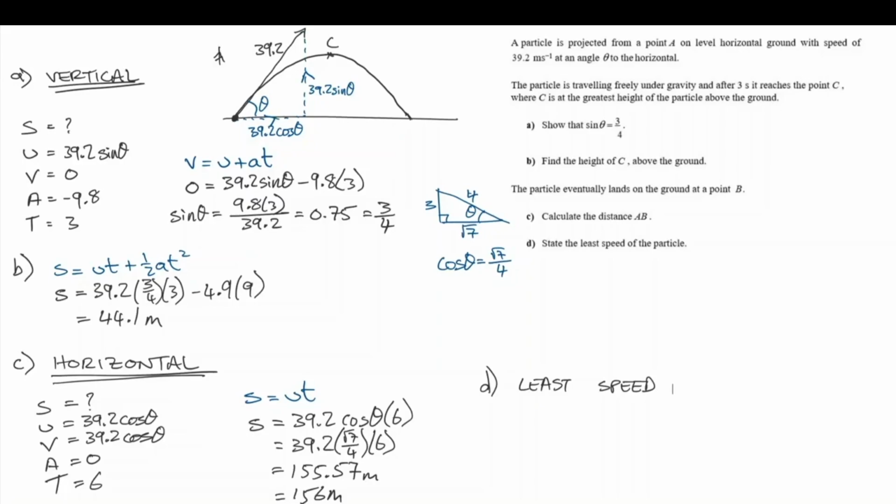If we were to do Pythagoras of those two values, we would simply get 39.2 cosine theta. The calculation there, 39.2 times root 7 over 4, and we get 25.93 meters per second. If you want the three significant figures, 25.9.